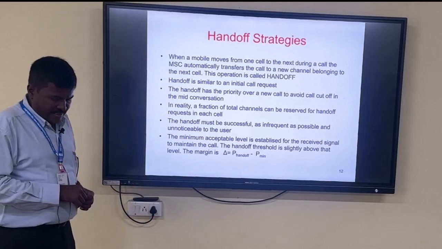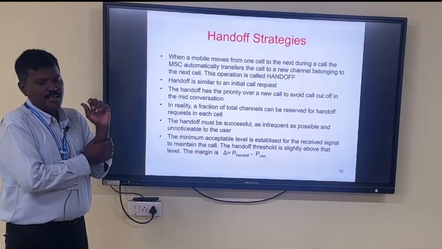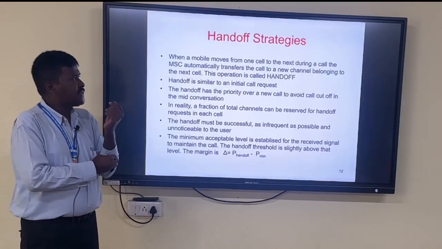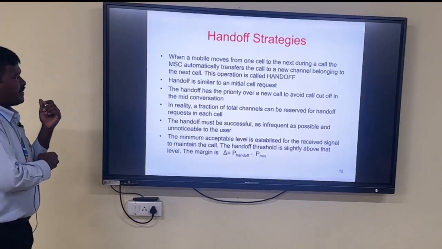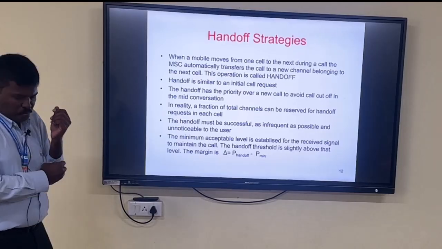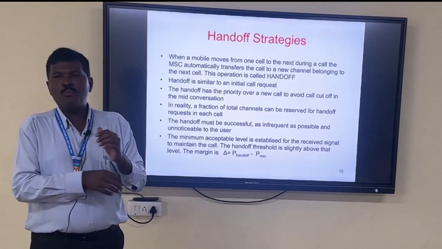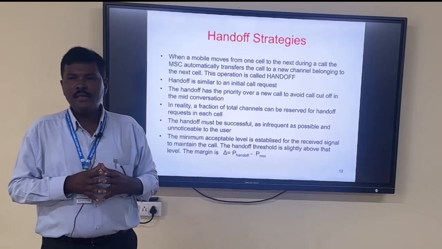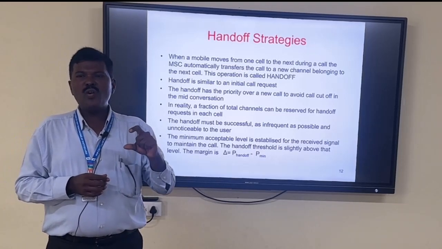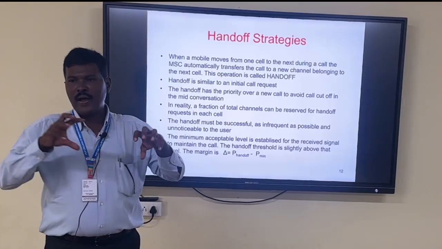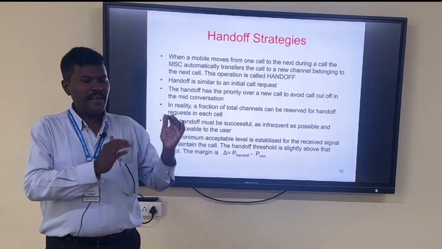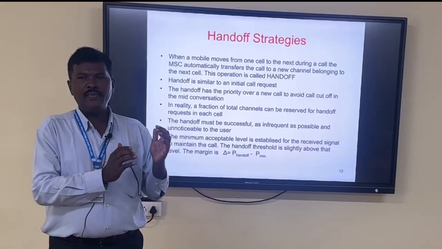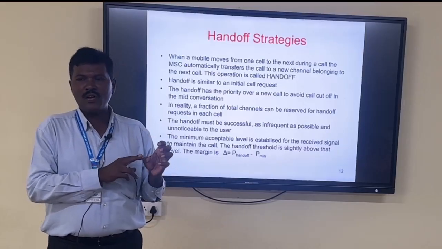So next, the concept is handoff strategies. Handoff is nothing but what happens when the mobile is moving from one cell to another cell. The call should not get disturbed from one cell to another. Within a particular cell, if the call is going from the mobile, it's not a problem.